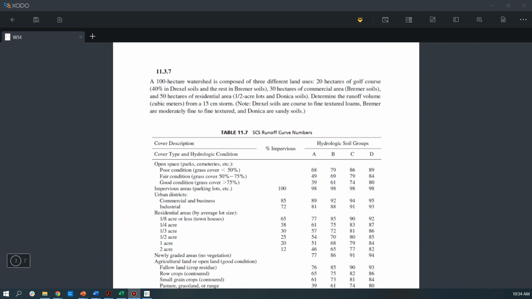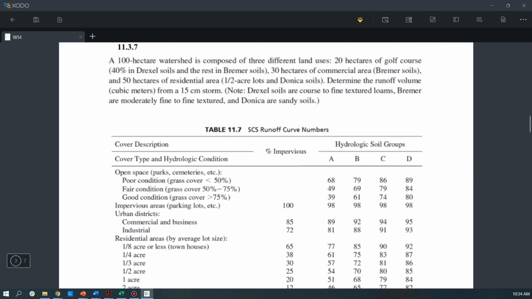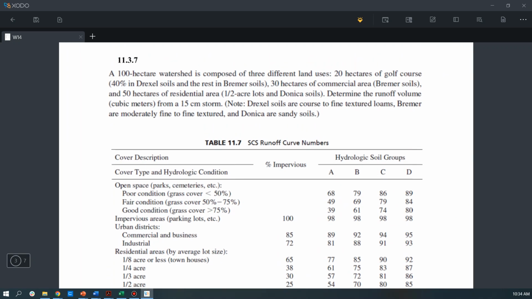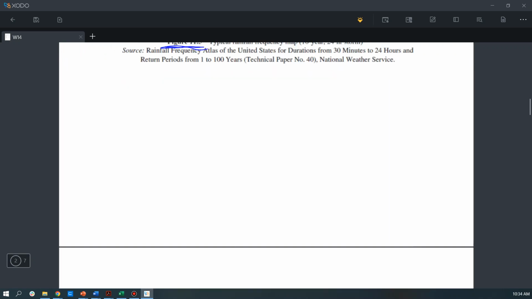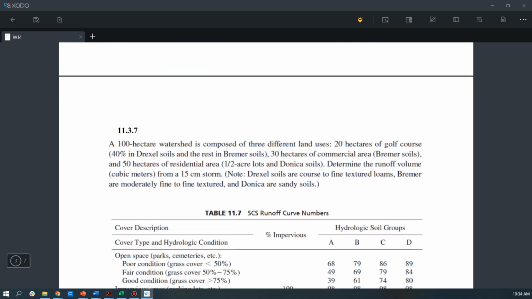In this problem, 11.3.7, we will follow the same procedure as the previous problem. But in this case, we have more diverse land cover in this region.